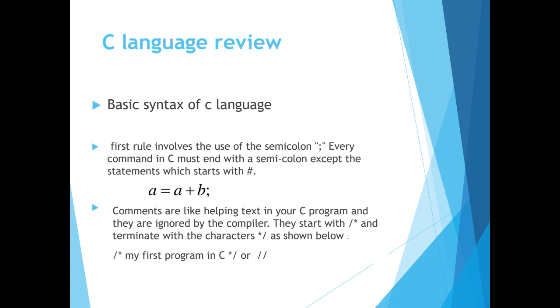Actually, the first rule involves the use of semicolon. Semicolon signs, I'm sure that all of you are familiar with this sign. Every command in C language must end with a semicolon, except the statements.